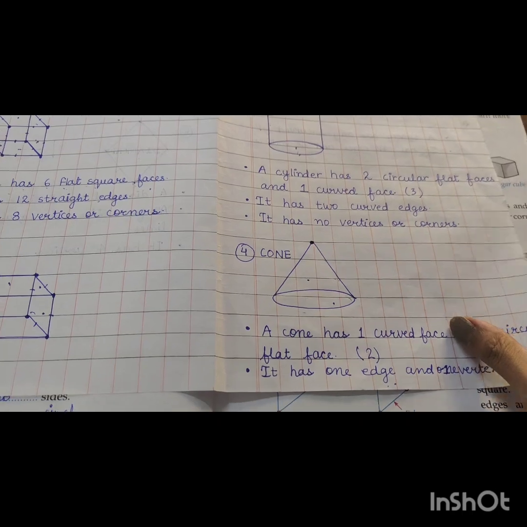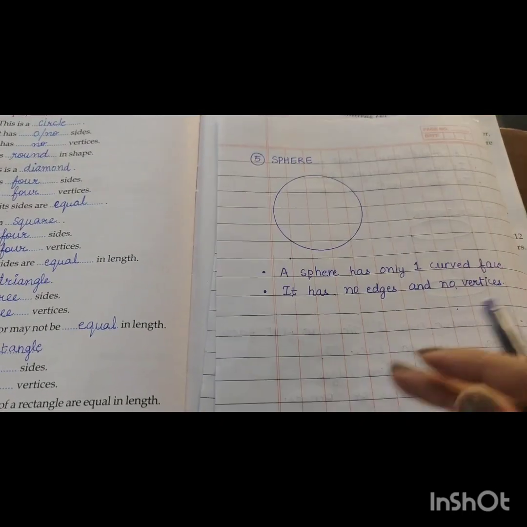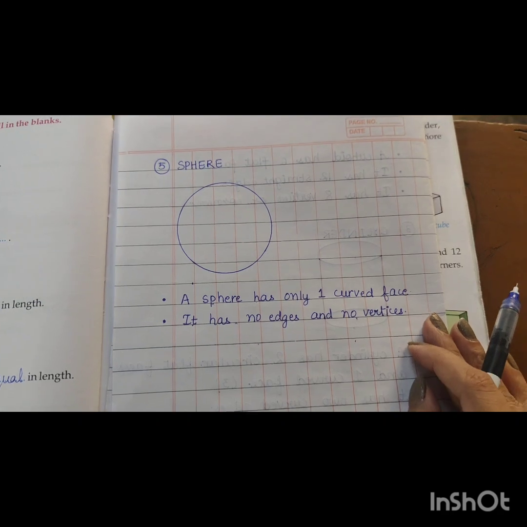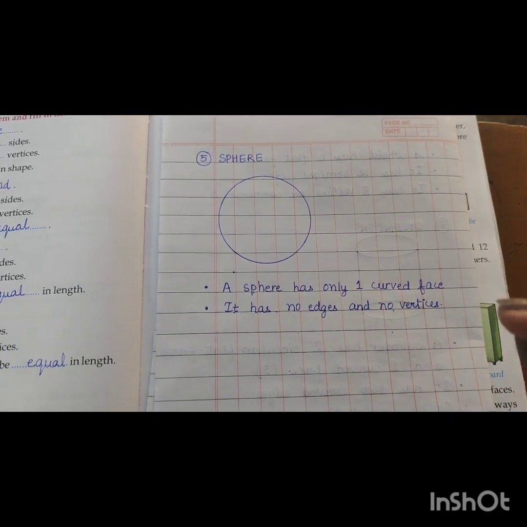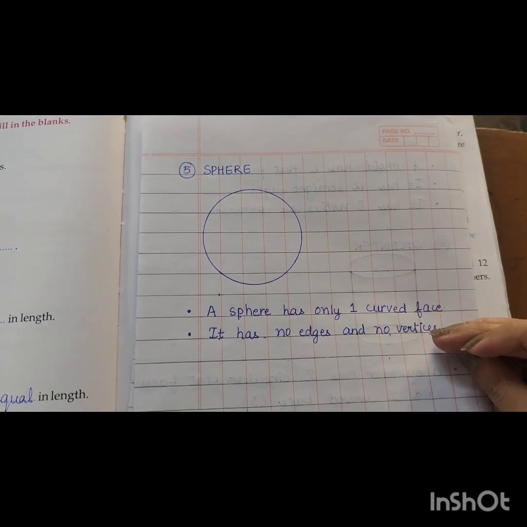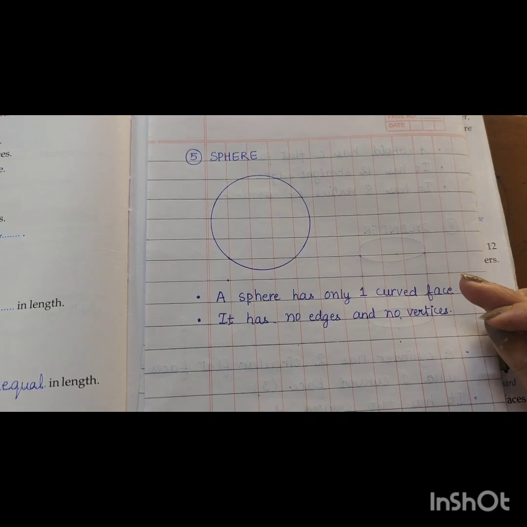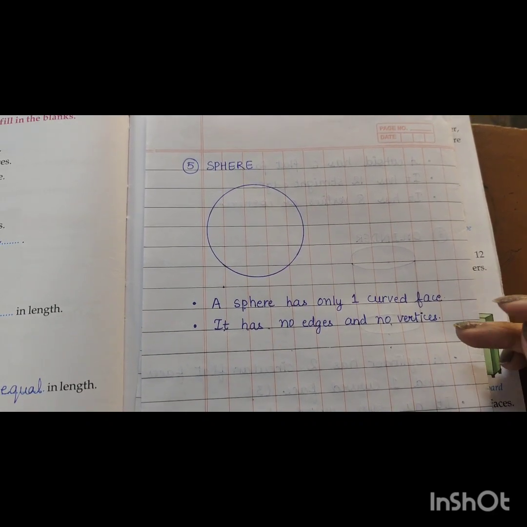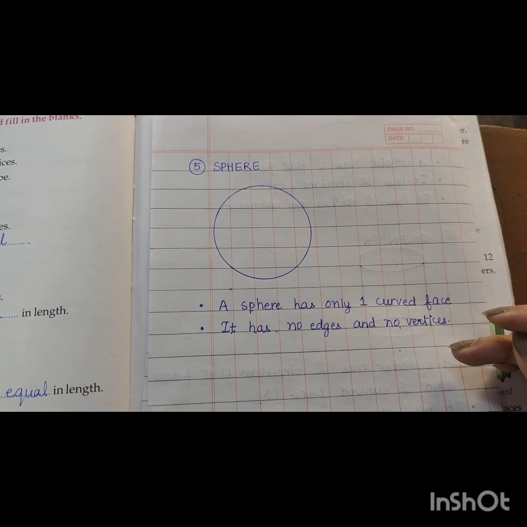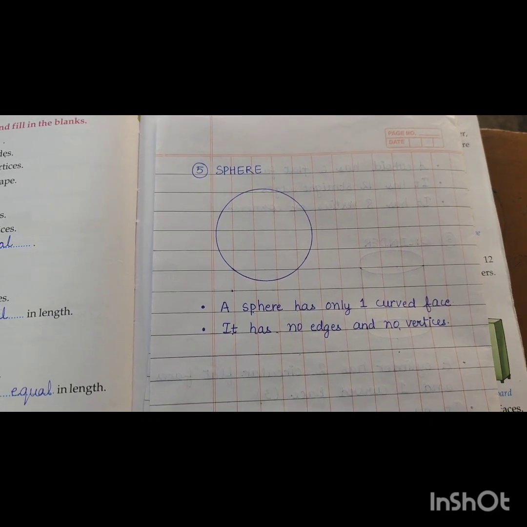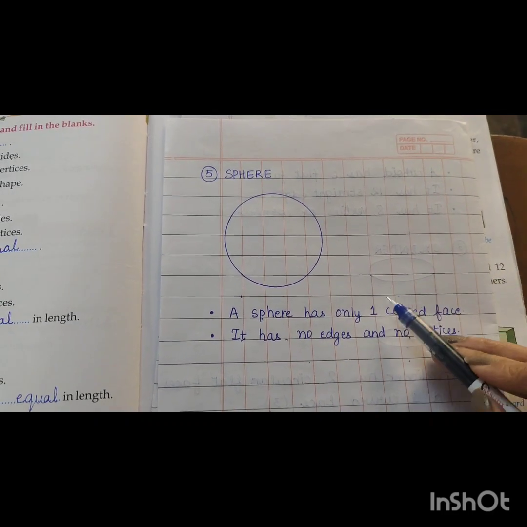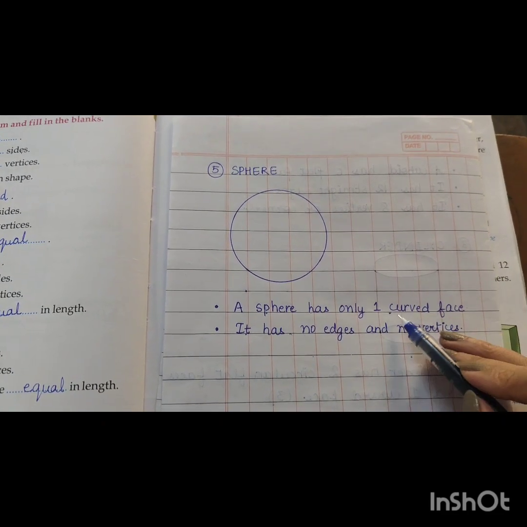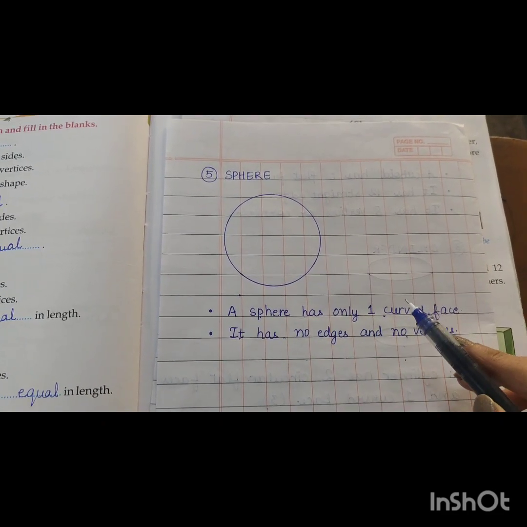Okay. Now move to the last figure, that is of a sphere. You can see a sphere looks like just a circle, right? But what is the difference between a circle and a sphere? Yes, a circle also has one face, but the face a circle has is a flat face, whereas a sphere has only one curved face.